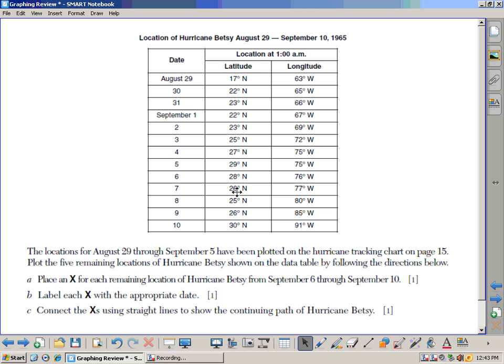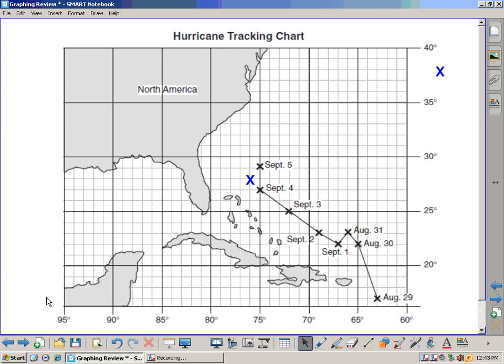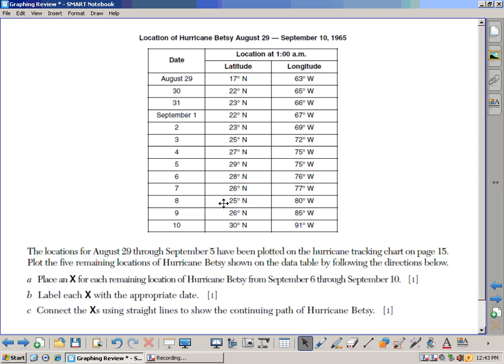My next point on September 7th, 26 north, 77 west. So 26 north, 77 west will be here, hitting this island. Next, 25 north, 80 west.